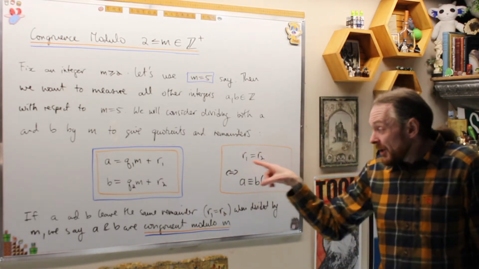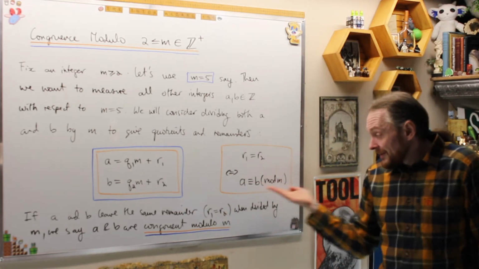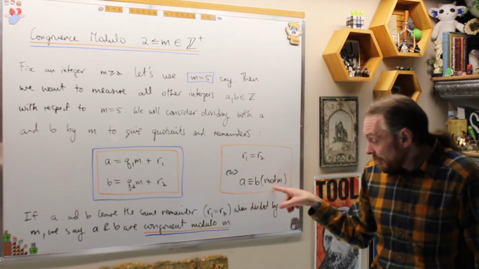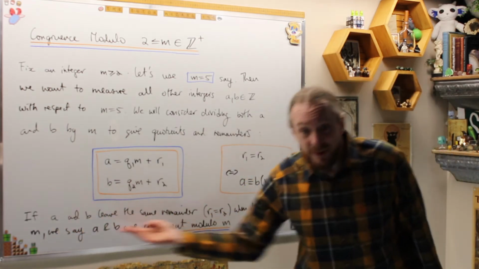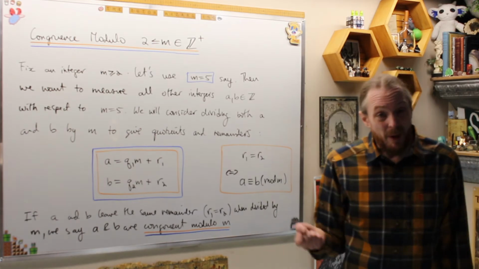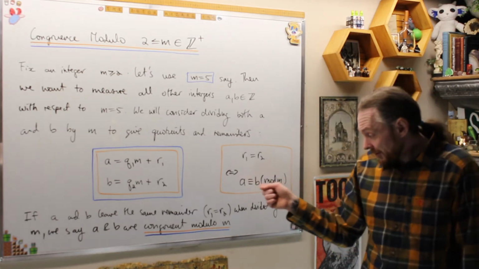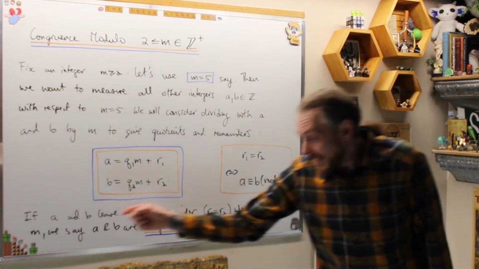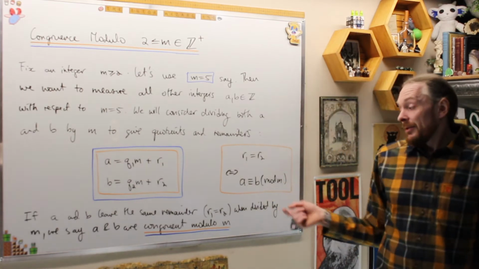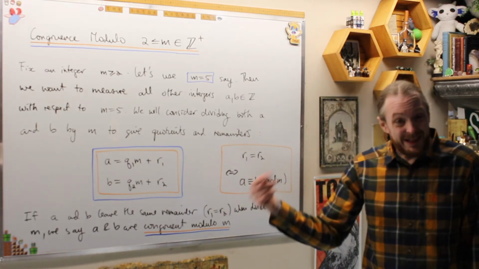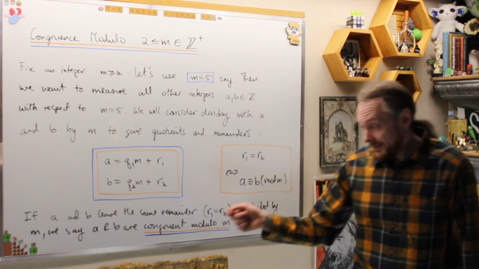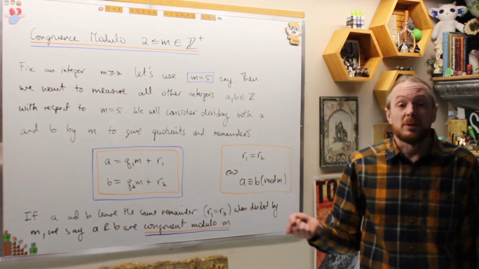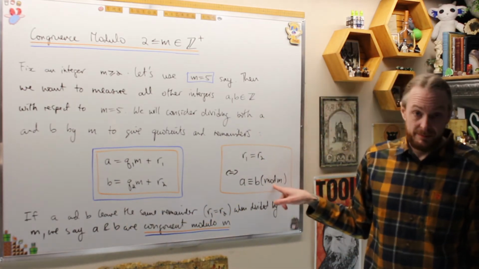If those remainders are equal to each other, we write this horrible symbol and say a is congruent to b modulo m. If a and b leave the same remainder, r1 equals r2, when we divide them by m, we say that a and b are congruent modulo m, and we write this horrible symbol.